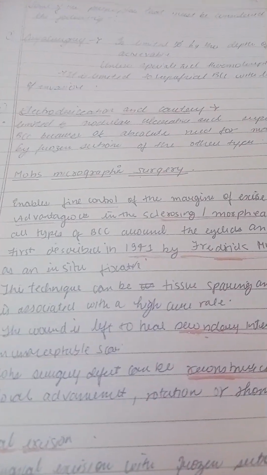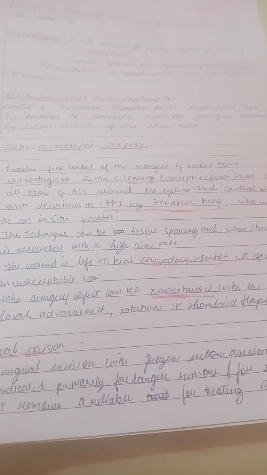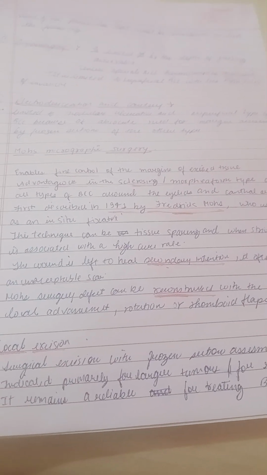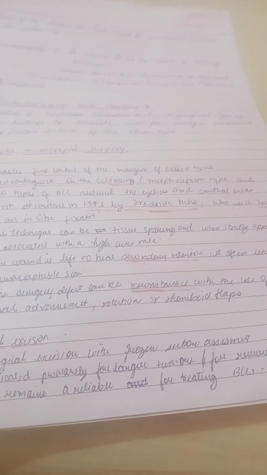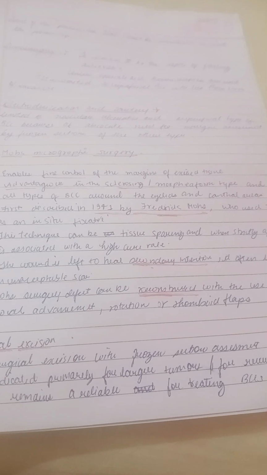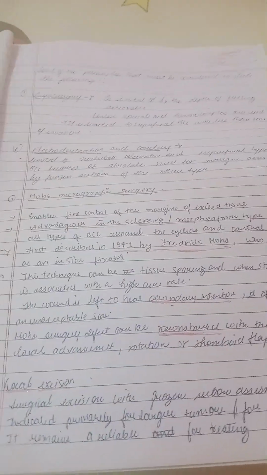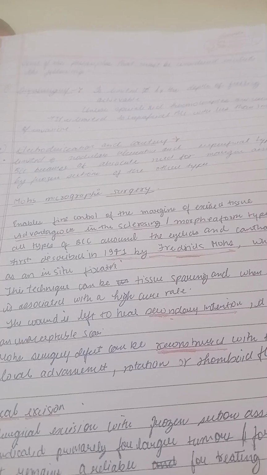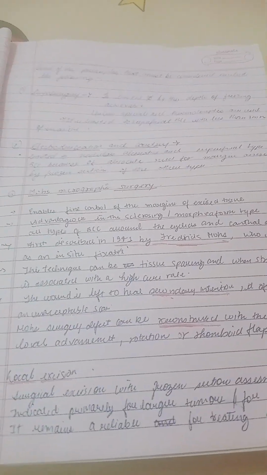Now coming to Mohs micrographic surgery. It enables fine control of the margin of the excised tissue, with advantages in the sclerosing morphiform type and all types of BCC around the eyelids and canthal areas. तो फर्स्ट टू जो था हम लोग eyelids और canthal area के पास avoid कर रहे थे या नहीं कर पा सकते थे, लेकिन Mohs micrographic surgery we can do.